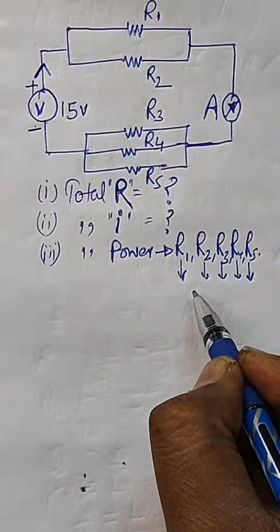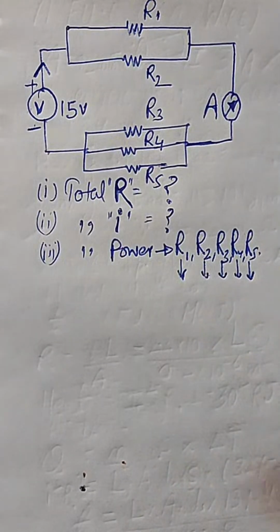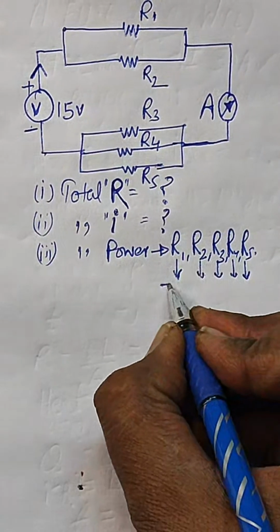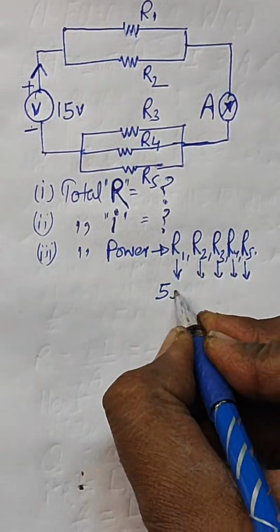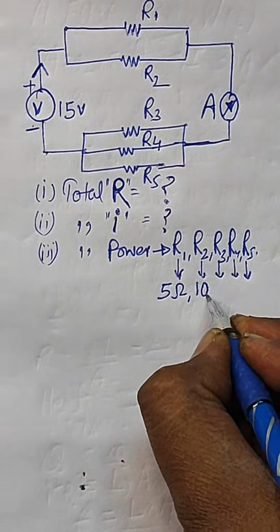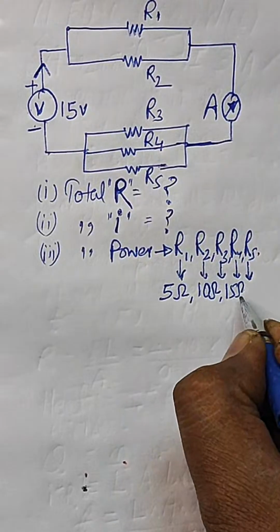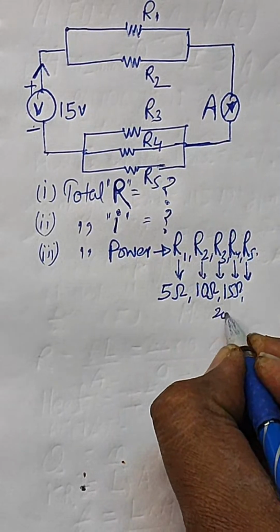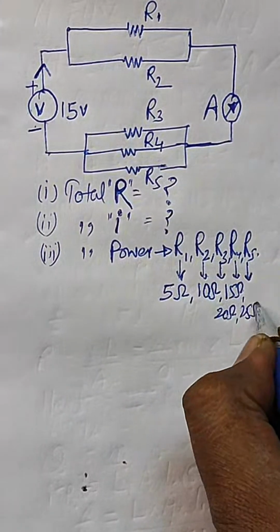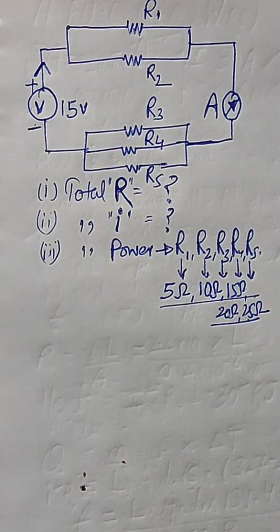The corresponding values are 5, 10, 15, 20 and 25 ohm, right? This is 5 ohm, 10 ohm, 15 ohm, then 20 ohm and 25 ohm. These are the 5 resistances given to you, right?